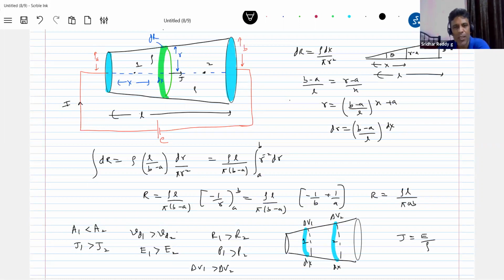So for every numerical, irrespective of shape, I took here a truncated cone or tapered rod. What is this? The resistance of a tapered rod. What we calculated is the resistance of a tapered rod or truncated cone.